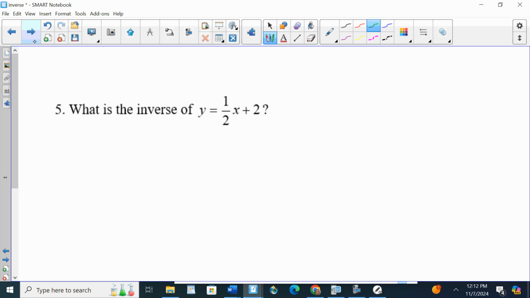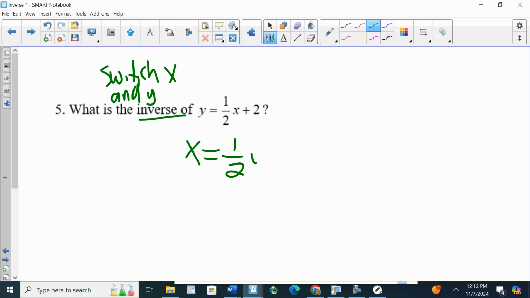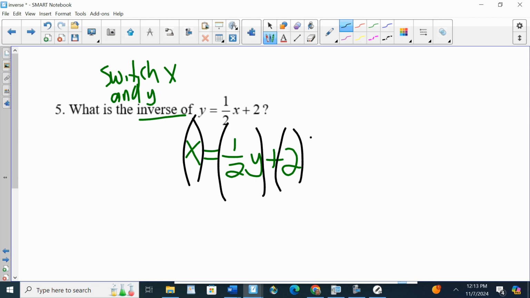Let's jump ahead to number 5. What is the inverse of y equals? Well, for inverse of a function, we switch x and y. It's in our song: inverse, switch x and y. Now to solve for y, basic algebra. To get rid of a fraction, I multiply by my LCD, which is 2 here.